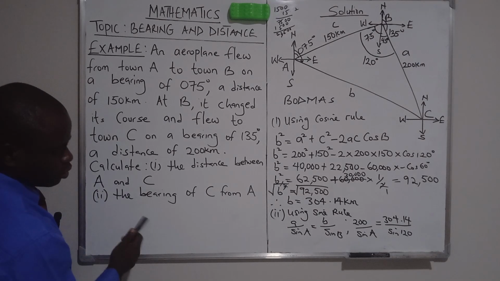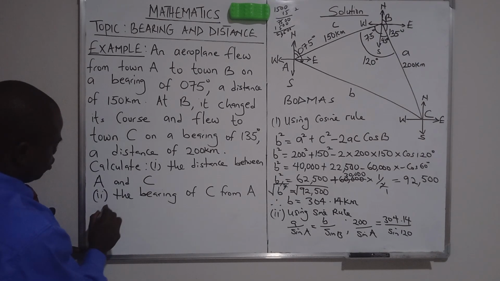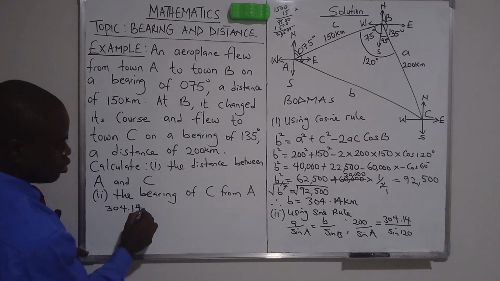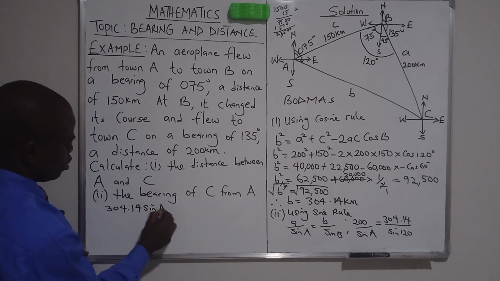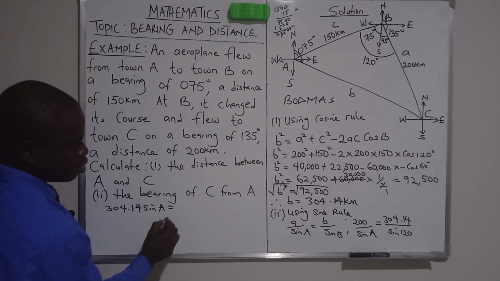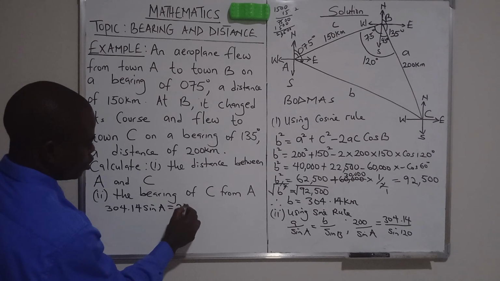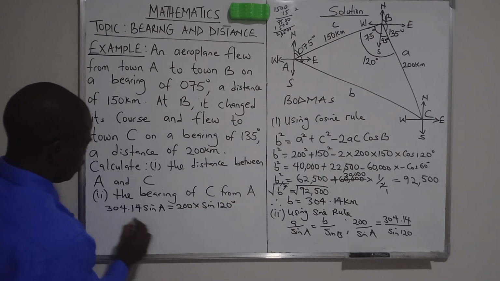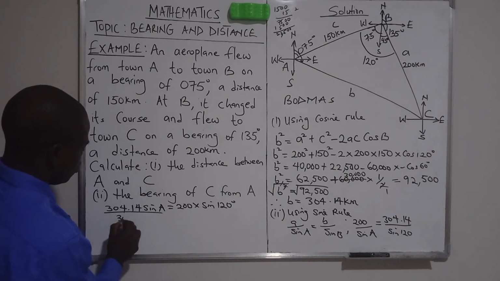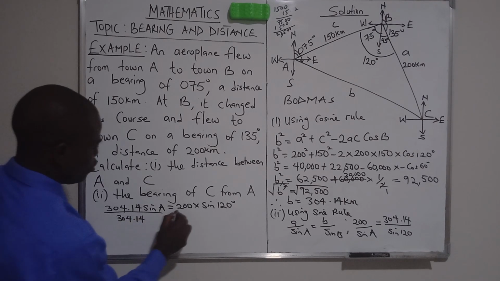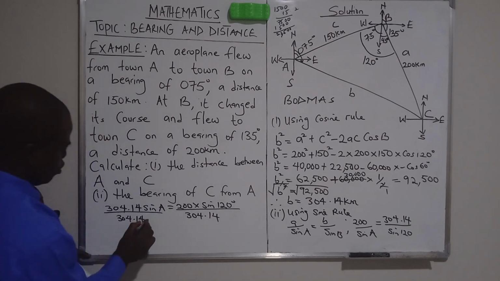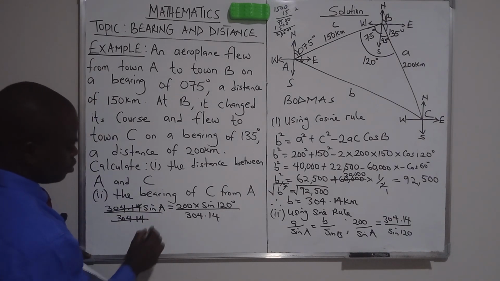When you cross multiply, we have 304.14 sine A equals 200 times sine 120 degrees, divided by 304.14.